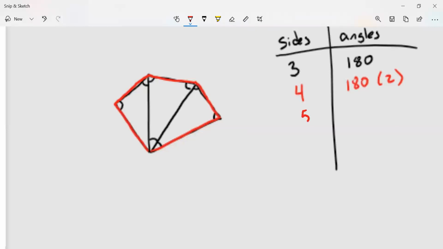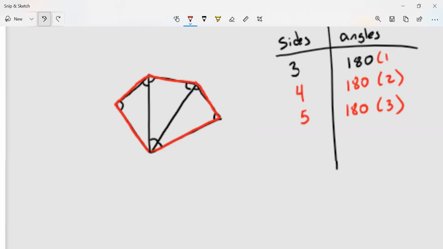So when it has 5 sides, I have to go 180 times 3. As a matter of fact, when it had 3 sides, I had to go 180 times 1. When it had 4 sides, I had to go 180 times 2. And when it had 5 sides, I had to go 180 times 3.